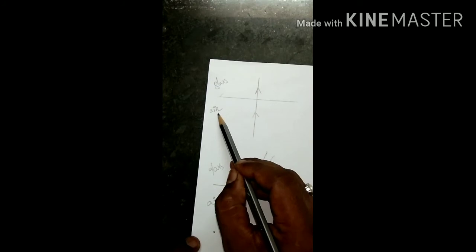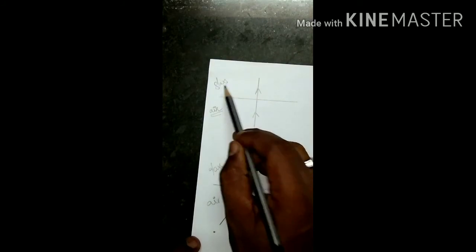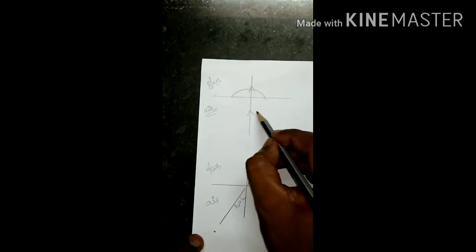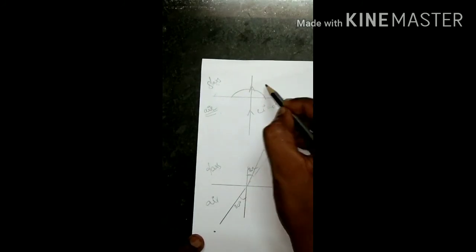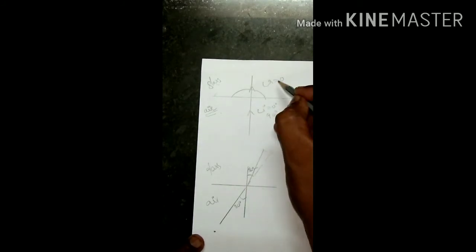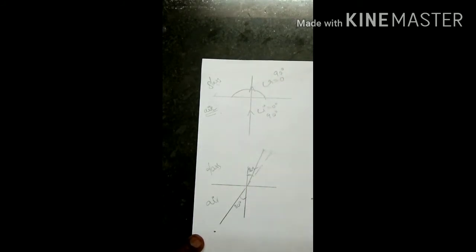From the table, what we understood is, if the light ray travels from air to glass, that is from rarer to denser, through the semicircular glass slab, here the angle of incidence is 0 and the angle of refraction is also 0. If this value is 90, this value also becomes 90.